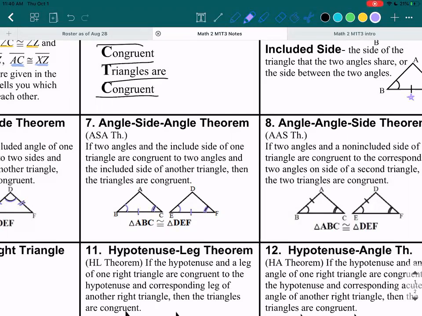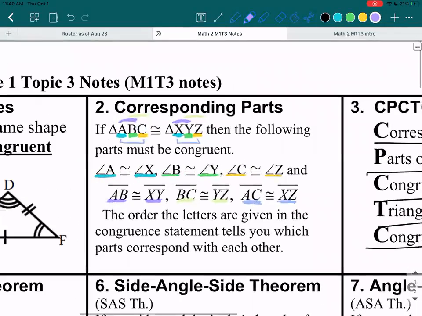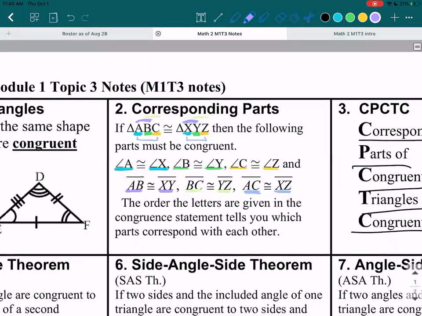And by the way, you have to say that triangle ABC is congruent to triangle DEF. You cannot say ABC is congruent to triangle FDE. It is wrong because remember, according to this box, the order you say the letters matters very much. You have to label them so that the first letter corresponds to the first letter, the second letter corresponds to the second letter, the third letter corresponds to the third letter.